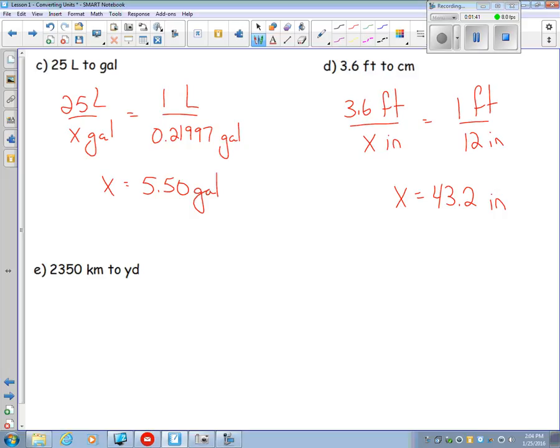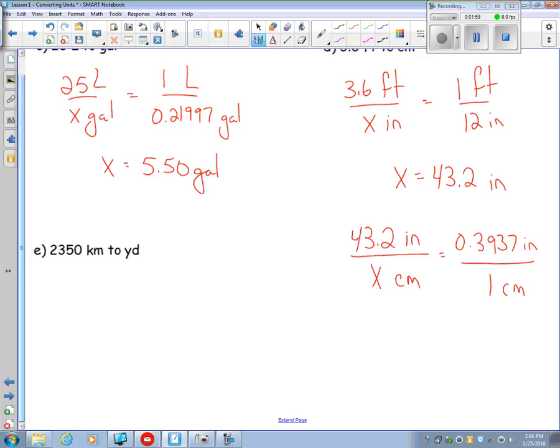That is one of the conversions we have on our sheet. We know a conversion between inches and centimeters. So if I take what I know and what I want to find, and I make that equal to the ratio from the chart, 0.3937 inches for every 1 centimeter, I have a problem that I can solve. We're doing a cross multiplying here, so 0.3937x and 43.2.